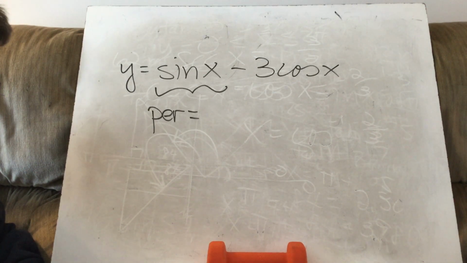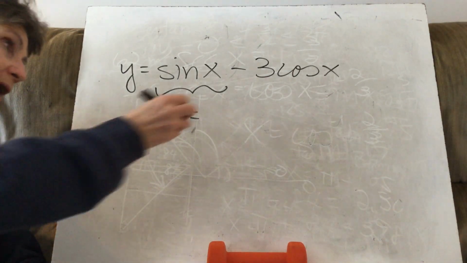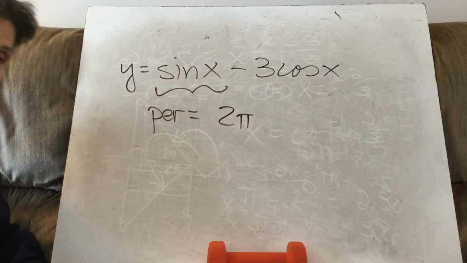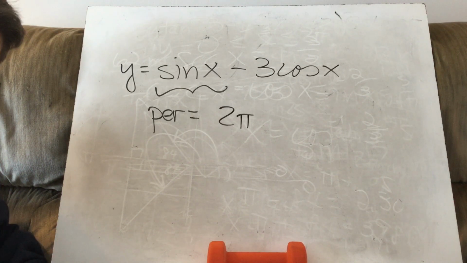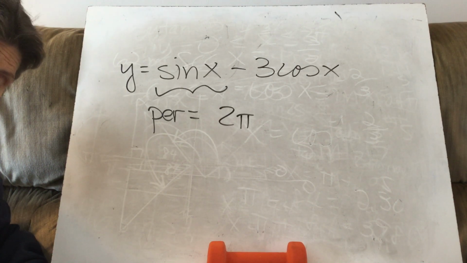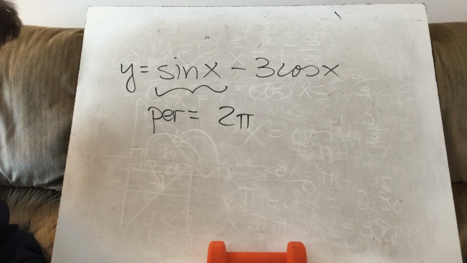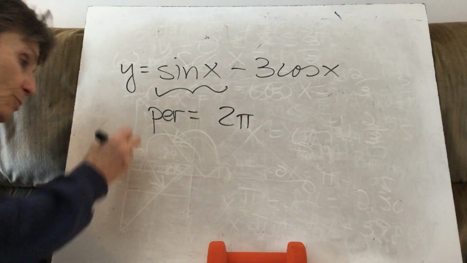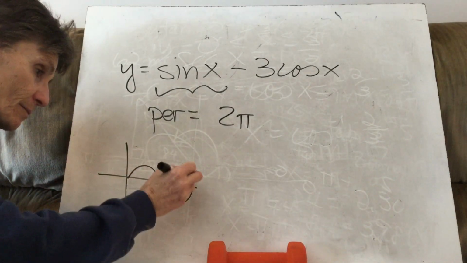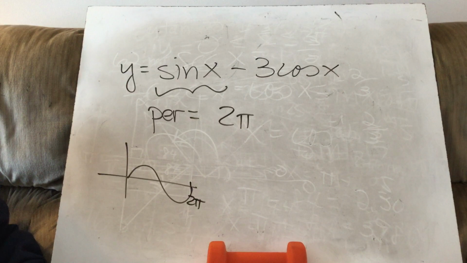What is the standard period of the sine and the cosine? 2 pi. The amplitude is 1, but the period is 2 pi. And right now, this conversation revolves around period. So the period of the sine and cosine is 2 pi. When you graph them, this is 2 pi. That's the period.